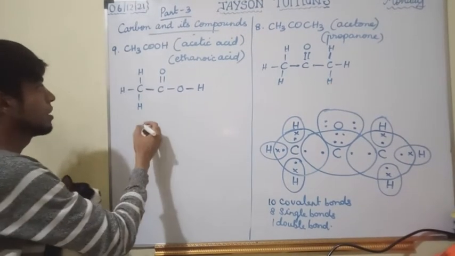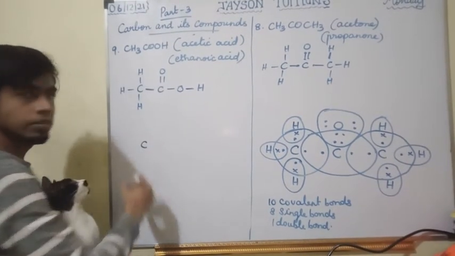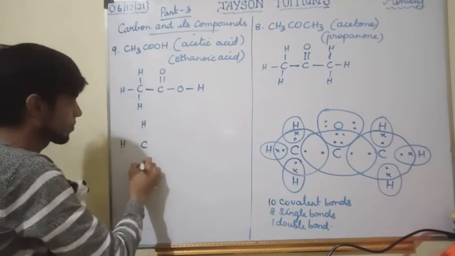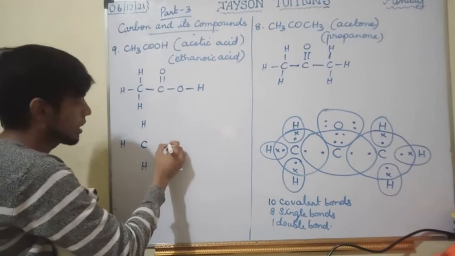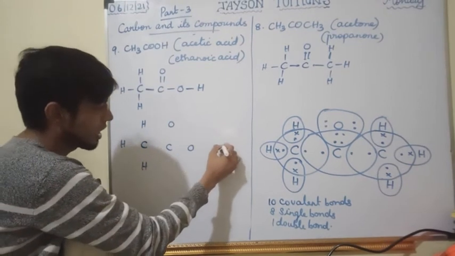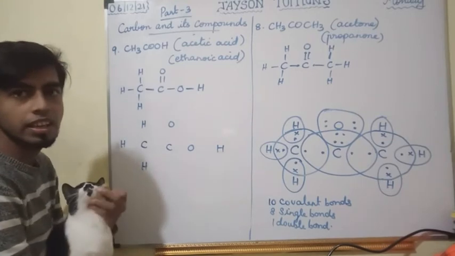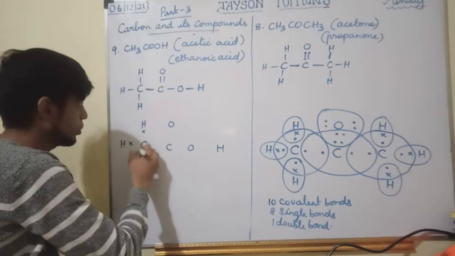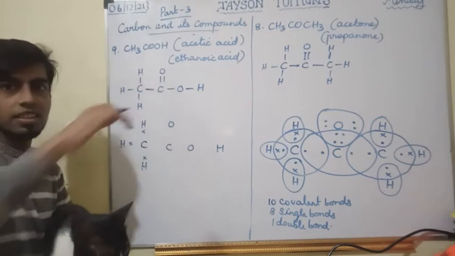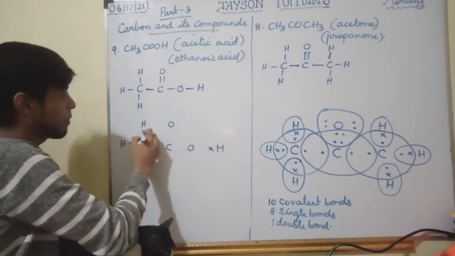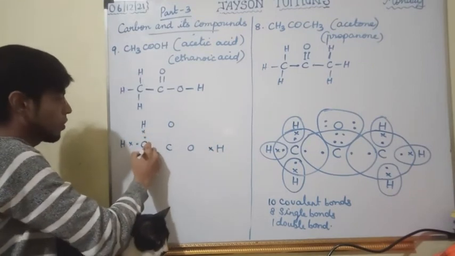Okay, so for carbon we will put, and 3 hydrogens, and then one carbon, oxygen, and one oxygen, hydrogen. Okay, so for each hydrogen you have to put one cross. And for carbon you have to keep 4 dots.